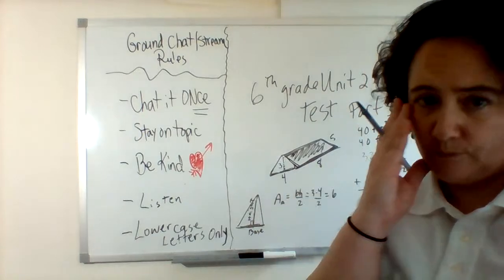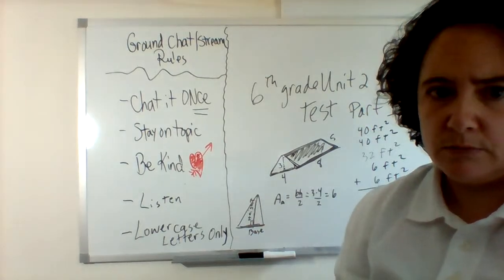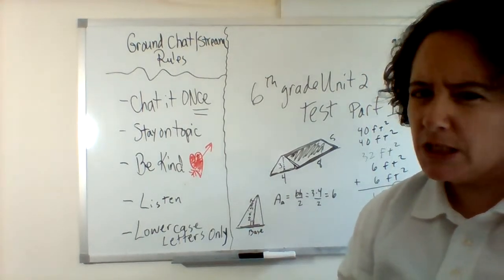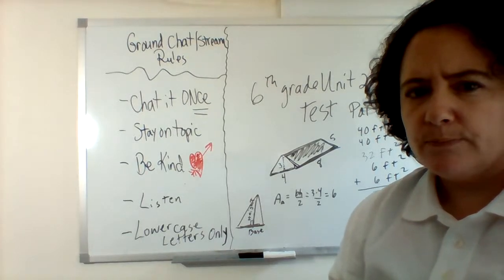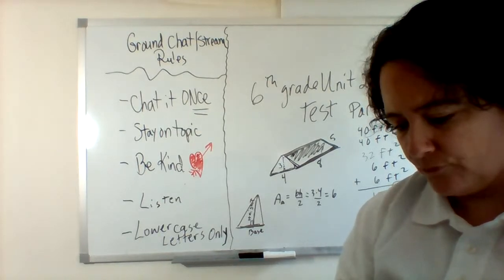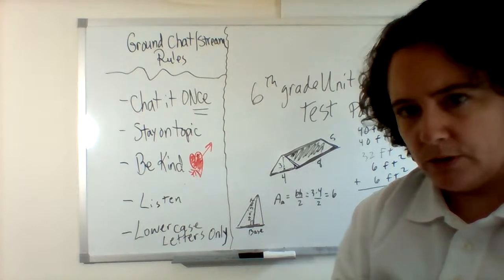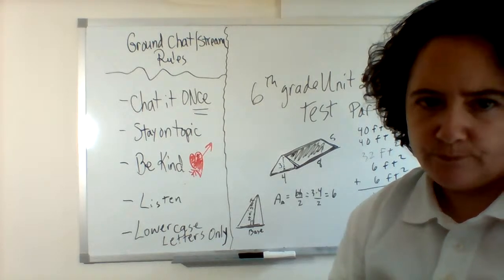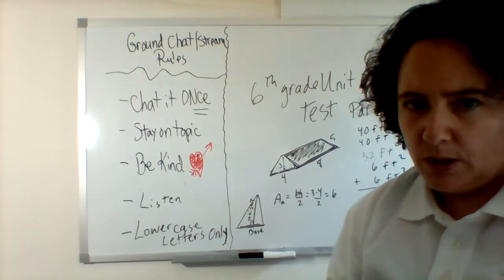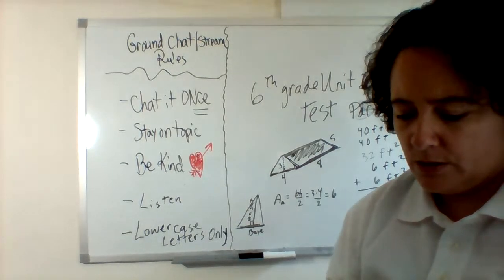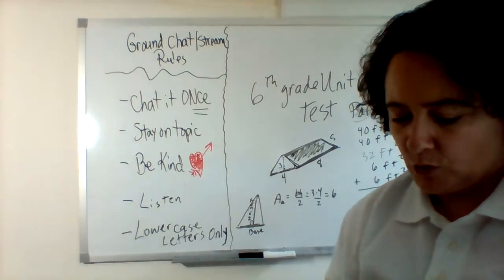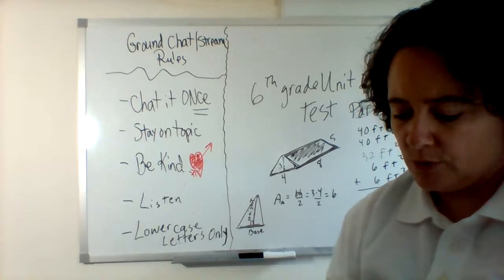This one is, let's see, that's 120, 1200, 1200, 1200, 1800, 1800, 2400, 2400.